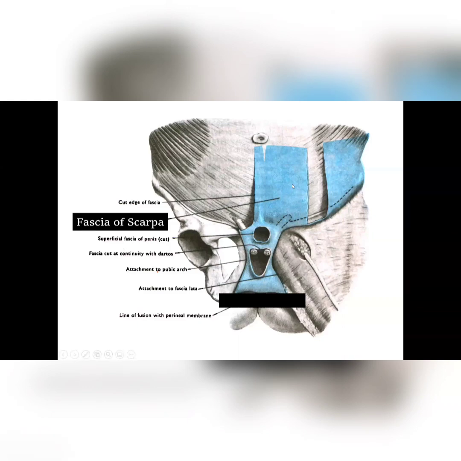So please see that the Scarpa's fascia from the infraumbilical region of the anterior abdominal wall also extends into the perineum. The perineum is the region where the external genitalia are present.